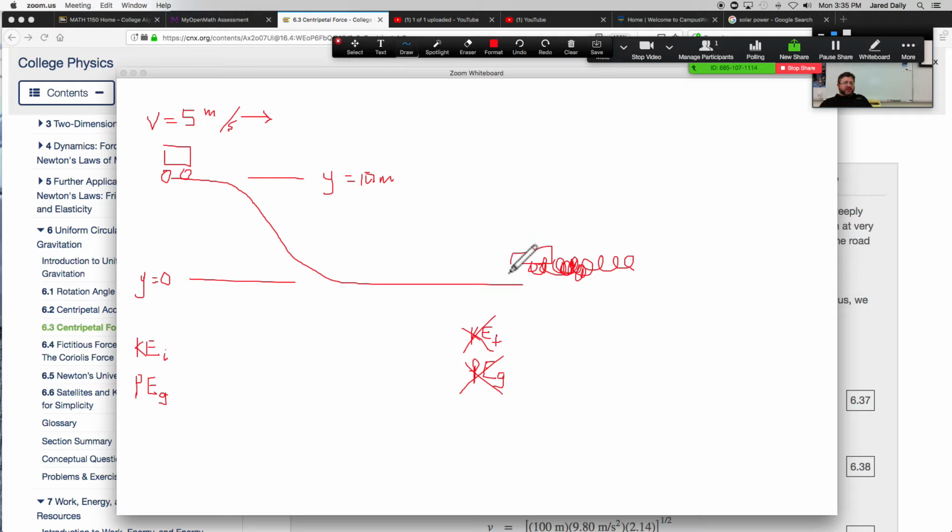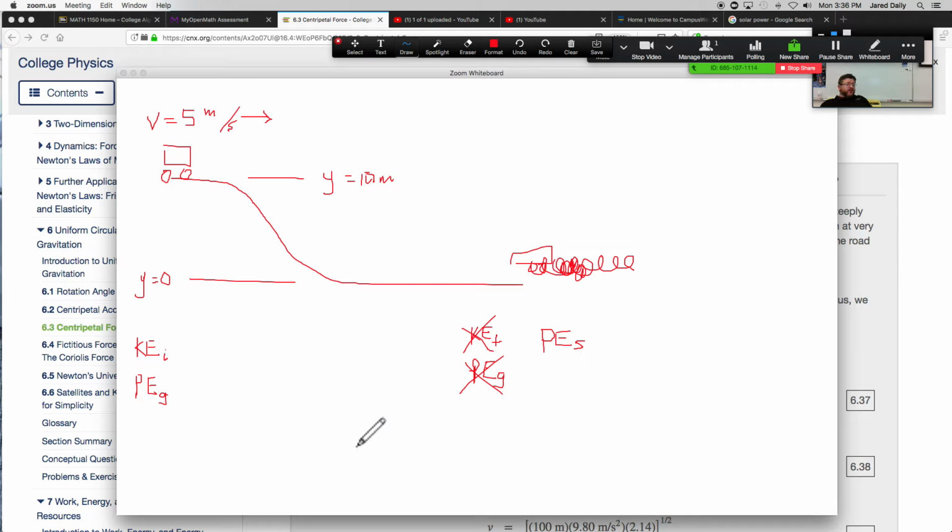But we do have some energy that we put into the spring. When our car hit the spring and squished it, it turned all the energy that we had at the beginning of the problem into potential energy in the spring. So there's potential energy being stored in the spring, and that's spring potential energy. Now, assuming there's no work done, no friction in this problem, then these are all the energies involved.